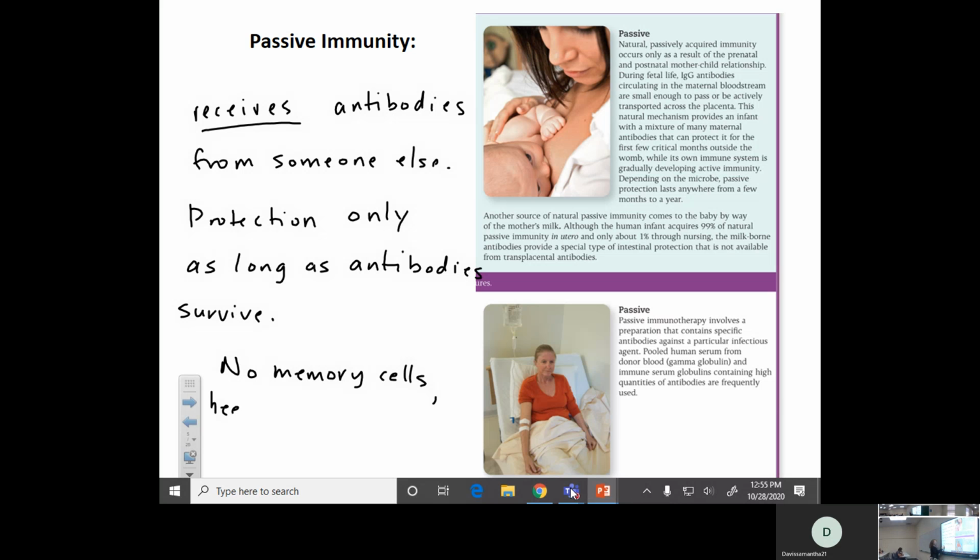And whoever is getting passive methods, you're going to need frequent, not constant, supply of the antibodies from the donor or the mom. You gotta keep giving them more antibodies so that they still have it before the antibodies break down.